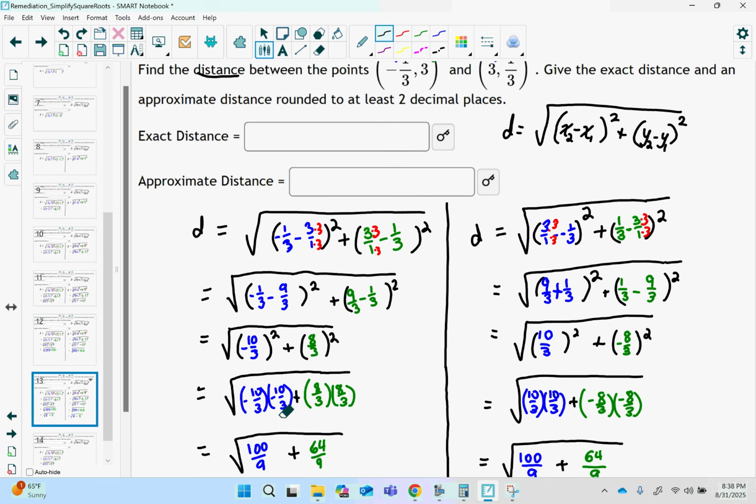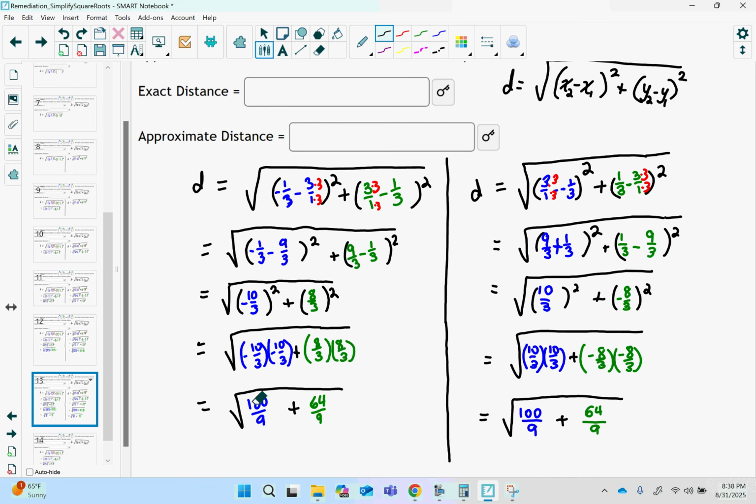Now you can see in the next step, that gave me 100 over 9 underneath the radical, 100 over 9 plus 64 over 9. The negative 10/3 times the negative 10/3 became positive 100/9. Why? Because we're multiplying numerators to numerators and denominators to denominators, and we have a negative times a negative, so we got that positive result.